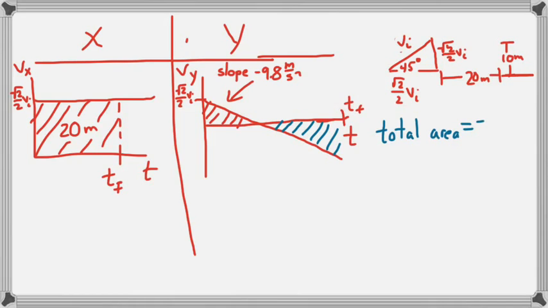You said, why negative 10? Well, because we are going to finish 10 meters below where we started, okay? So another way of saying that is that this blue area has to have an area of 10 meters more than this area here. All right.